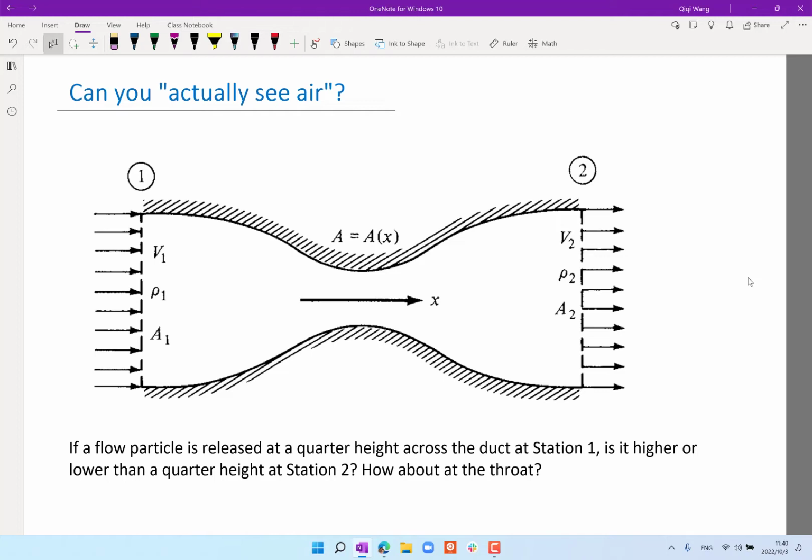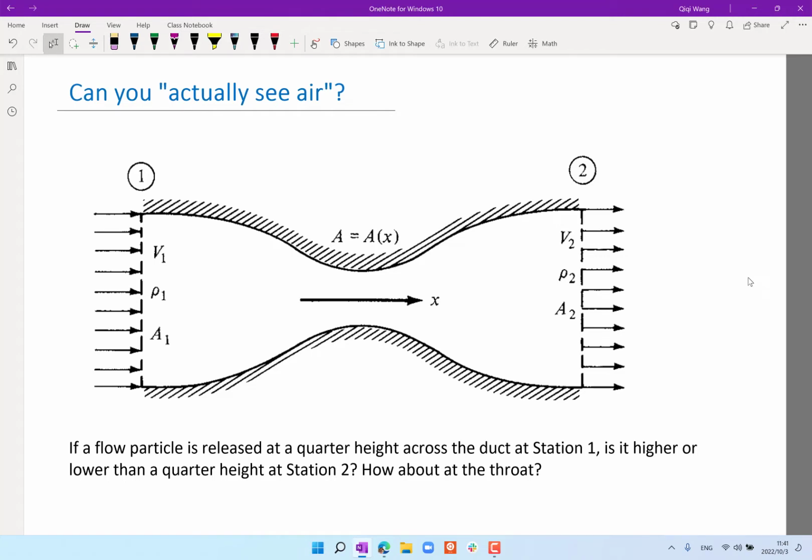I want to ask, if a flow particle is released at a quarter height, roughly over here, and it goes through this, where is the particle when you're at station 2?